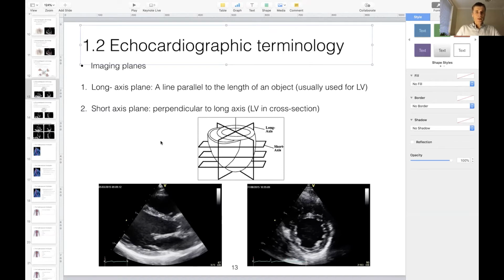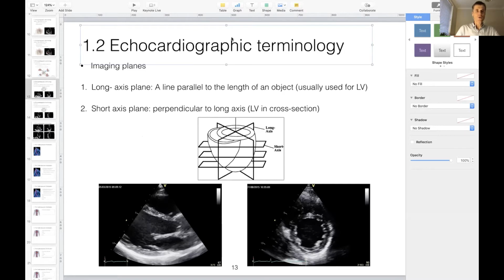So the long axis plane, well, the long axis means a line parallel to the length of an object. But when we're imaging and when we're talking about the heart, usually the point of reference is the left ventricle. For a number of reasons, the left ventricle is important, and when imaging with echocardiography, it's oftentimes the point of reference.